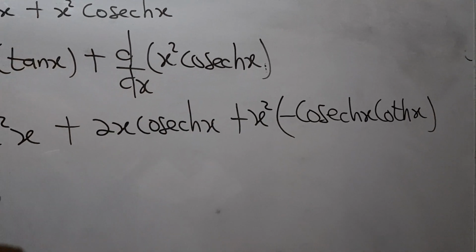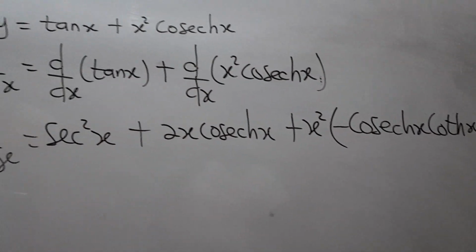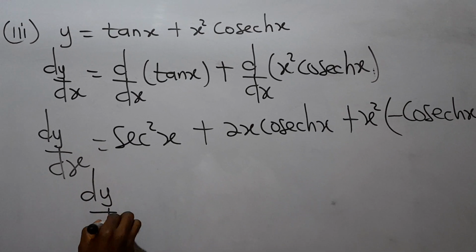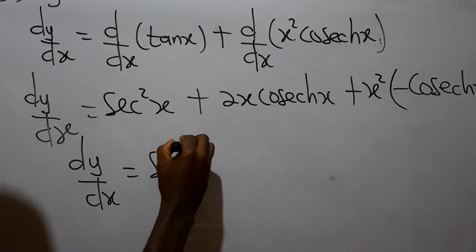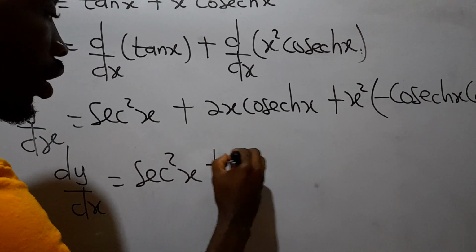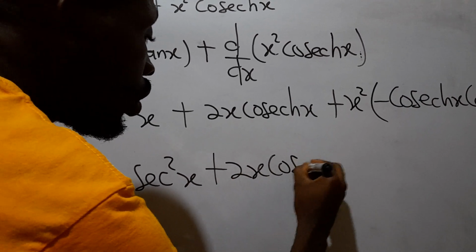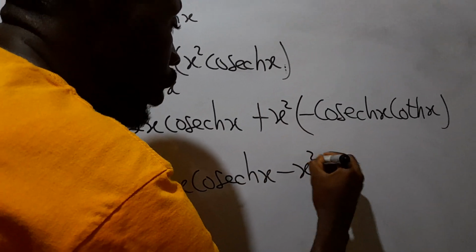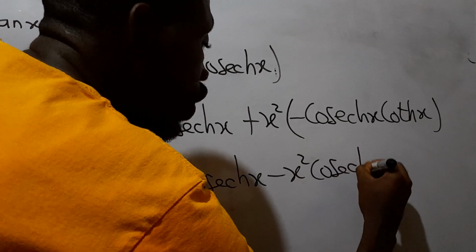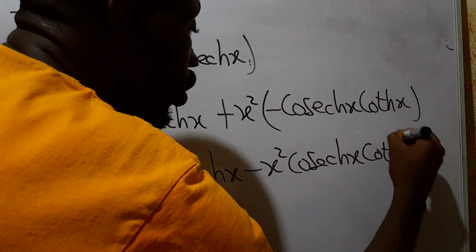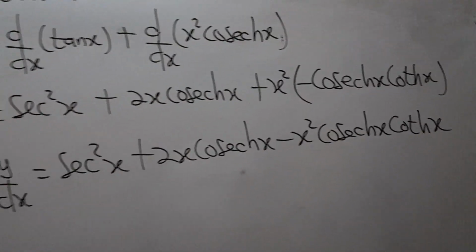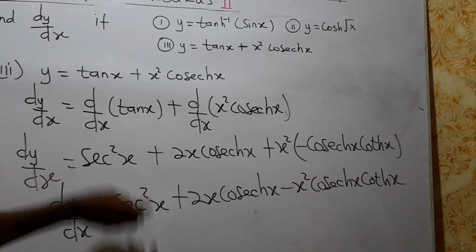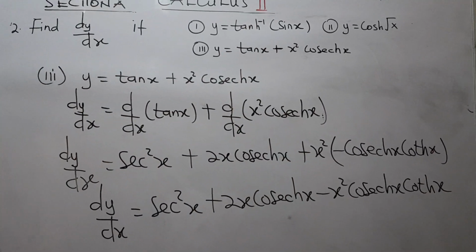Please check out my videos on the differentiation involving hyperbolic functions on YouTube. So we have dy over dx is equal to sec squared x plus 2x cosech x, and this will be minus x squared cosech x coth x. Then this becomes our derivative, the dy over dx of this function. I hope you get that.